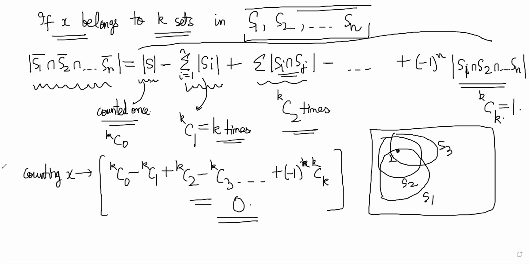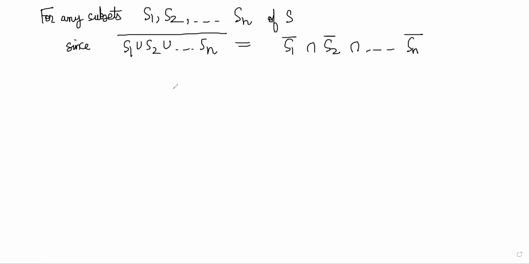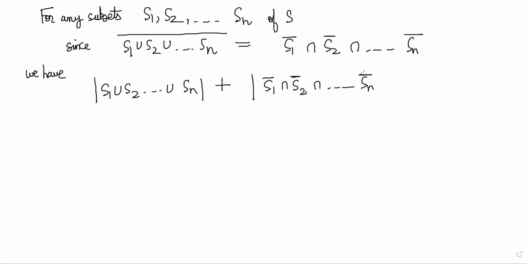So the corollary or dual theorem of inclusion and exclusion is basically this: for any subsets S1, S2 till Sn of S, since S1 union S2 union Sn whole complement is equal to S1 complement intersection S2 complement intersection Sn complement, we have, if you add the number of elements in S1 union S2 union Sn plus the number of elements in S1 complement intersection S2 complement intersection Sn complement, that adds up to mod S, right?